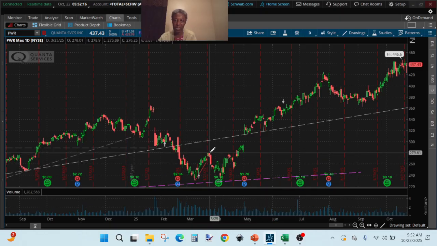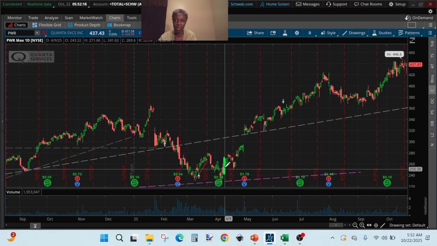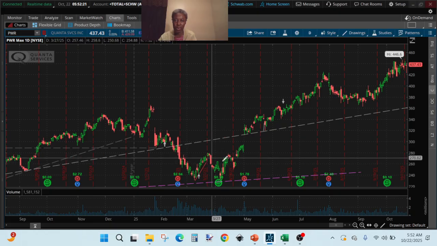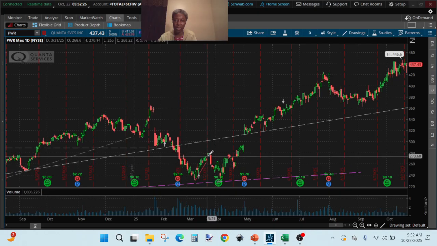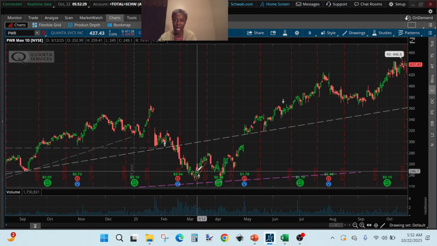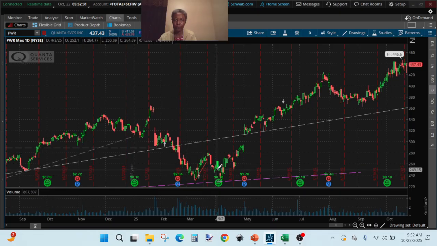So we can just say that for two to three weeks or so we were negative in it. Not much either, because even when it was going down here, the price is still higher up than what we paid for it.